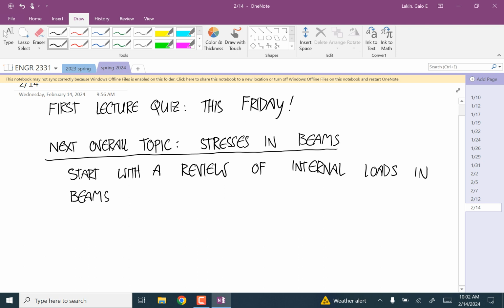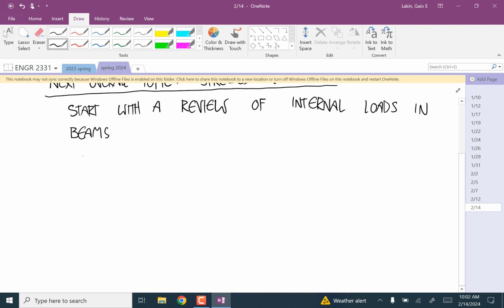And so remember that, for example, you have a beam like this, and you have external loads applied to it in some way.